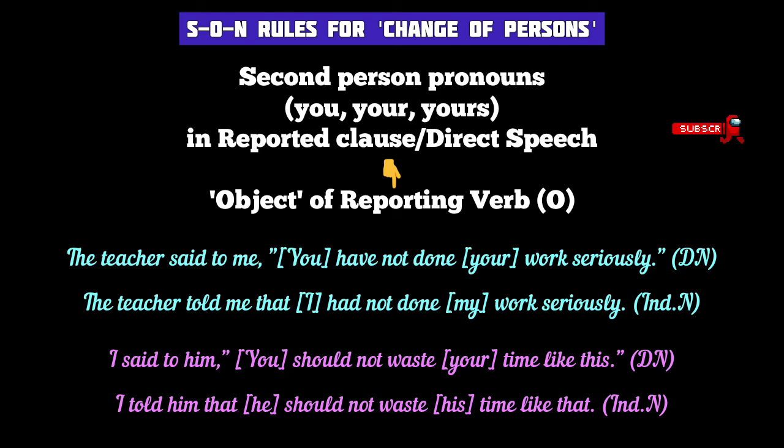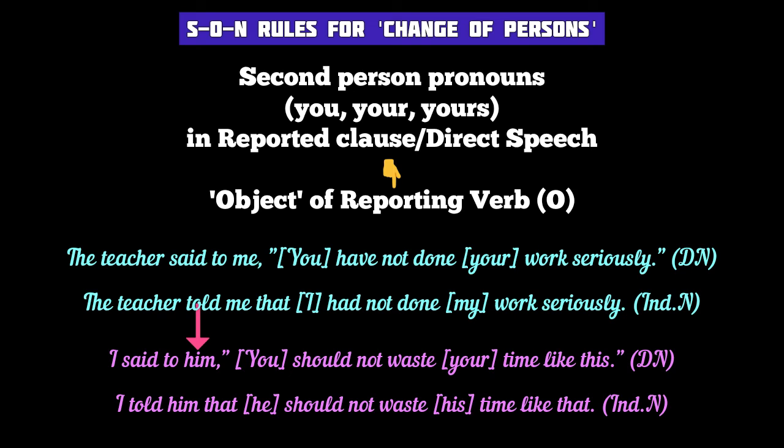Mind you, we are only explaining the rules for the change of person in this video. I said to him, "You should not waste your time like this." In this sentence also, there are two second person pronouns in the direct speech, you and your. So in the indirect narration, we have to change these two second person pronouns according to the object of the reporting verb.